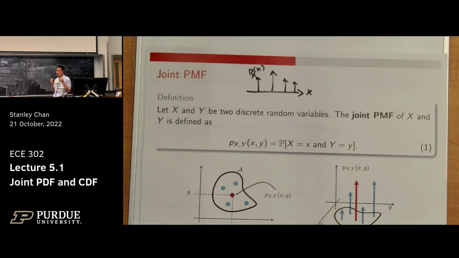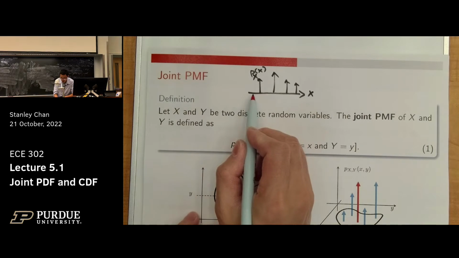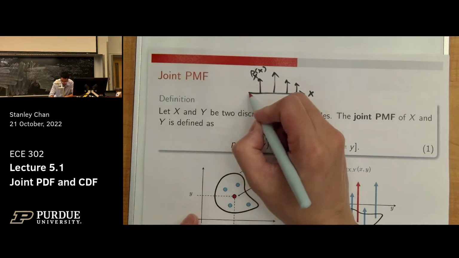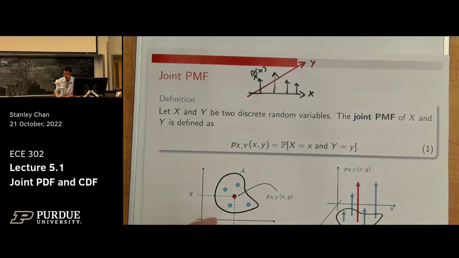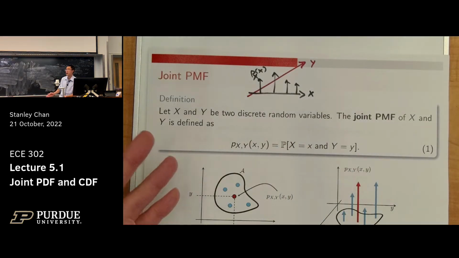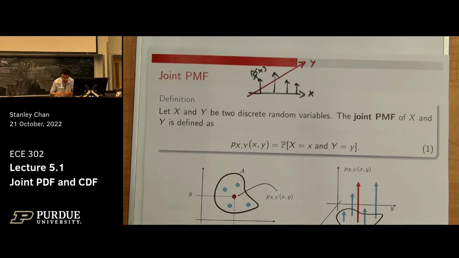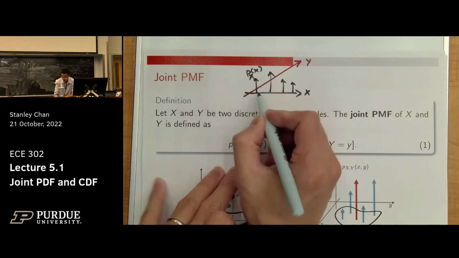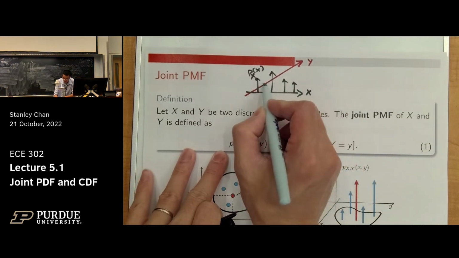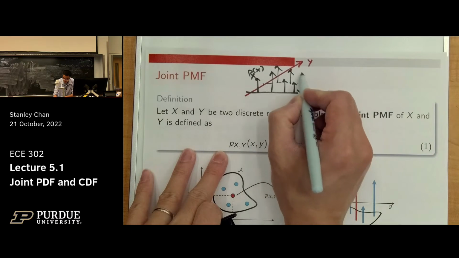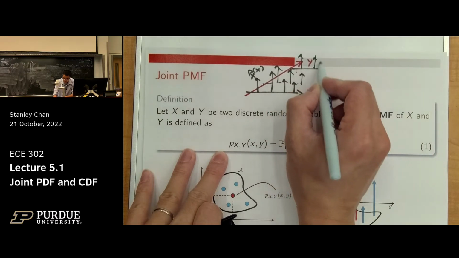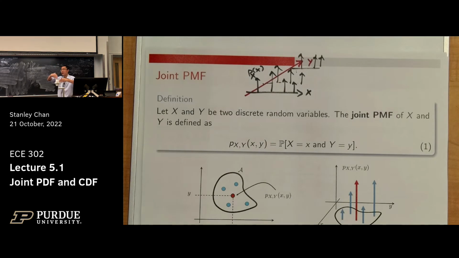So when you have a pair of random variables, x and y, what you will want to do is the following. Instead of having just one axis, you will have another axis. You will have a pair of axes, x and y. And so now you will not just have the delta functions along the x-axis, you will also have delta functions along the y-axis. So you have something like this. Right? So you have rows of delta functions.